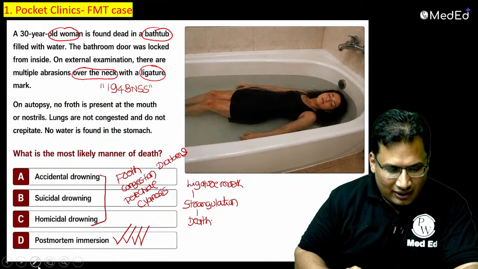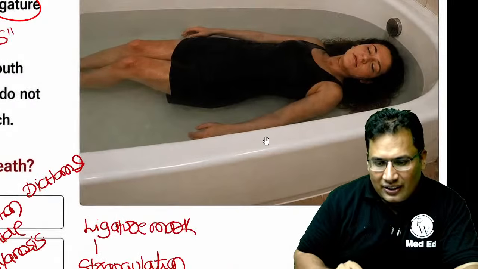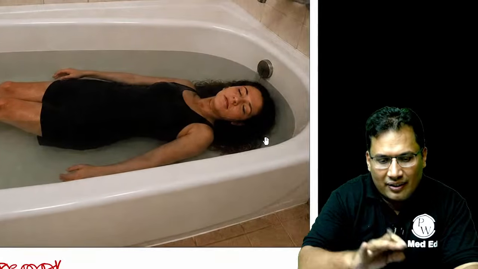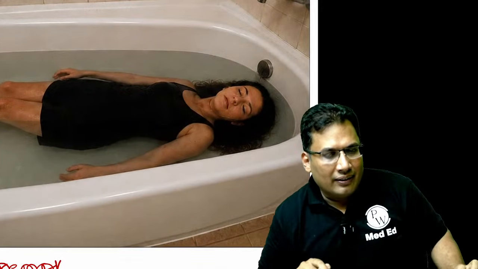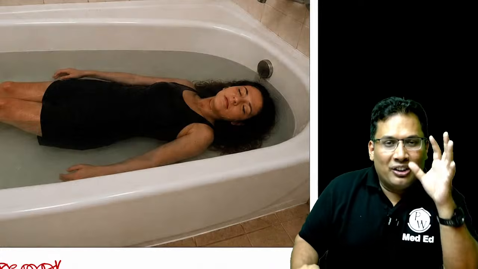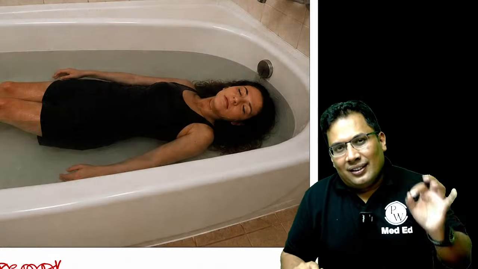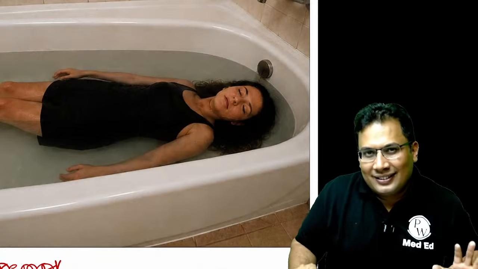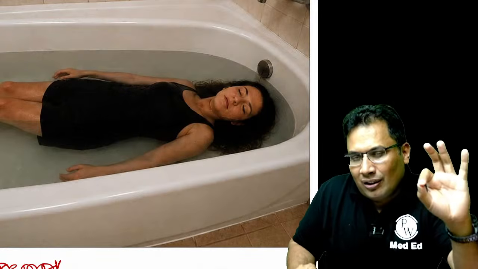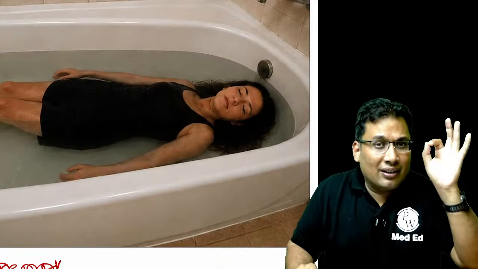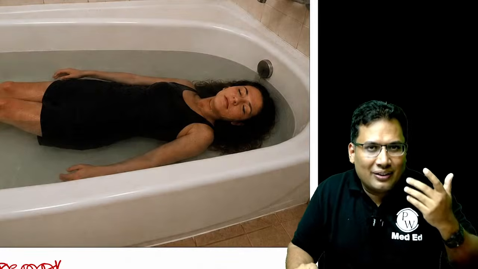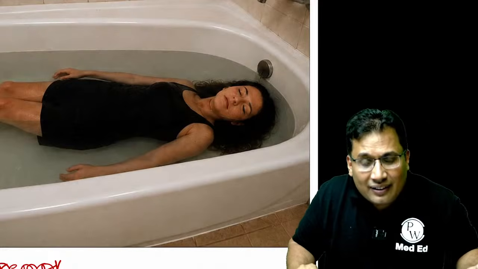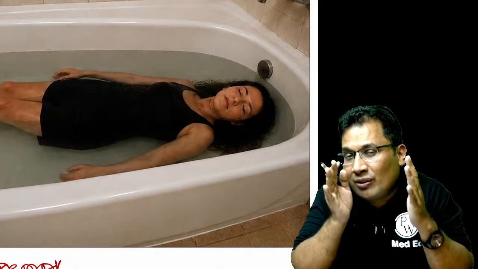So what is the diagnosis in this case? Bathtub death with a ligature mark and minimal signs of drowning. I will go with post-mortem immersion. It is a clear-cut case of murder, a clear-cut case of staging the murder as an accidental death, which shows disappearance of evidence.